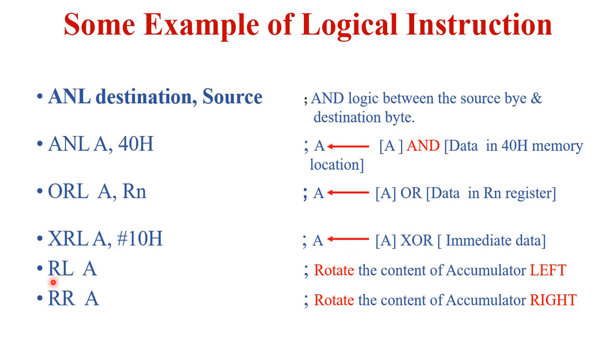Next example is RL A. This instruction is an example of rotate left instruction. It tells that rotate the content of the accumulator left. RR A is an example of rotate right instruction. It tells that rotate the content of the accumulator right. So these are some examples of logical instruction.